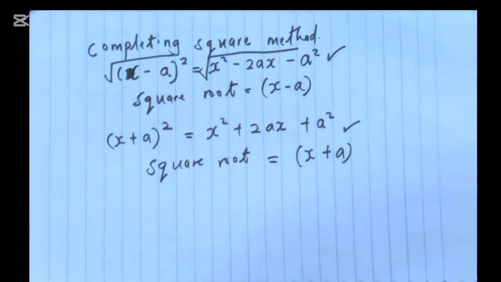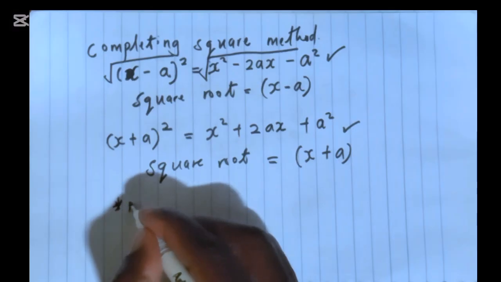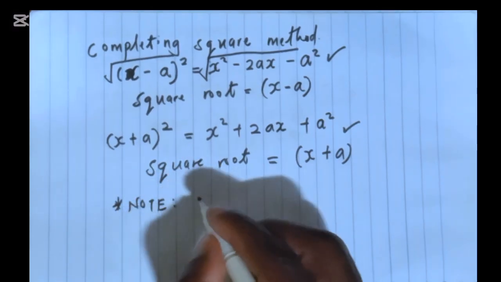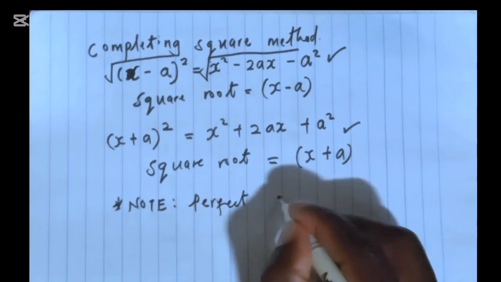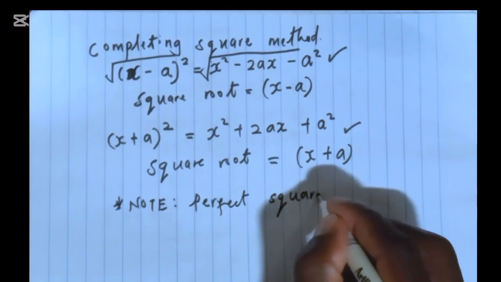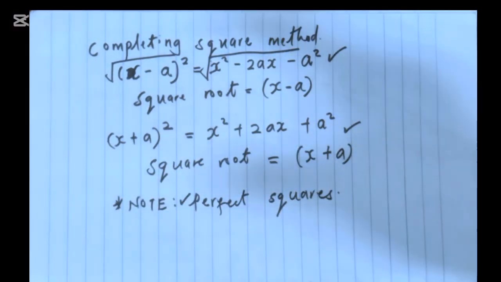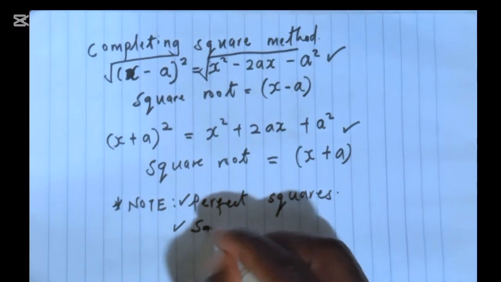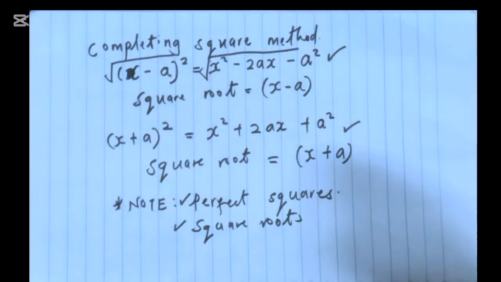So one thing that is coming out as obvious is that quadratic expressions can actually form what we call perfect squares. And if they can form perfect squares, then we can also find the square roots of these perfect squares.